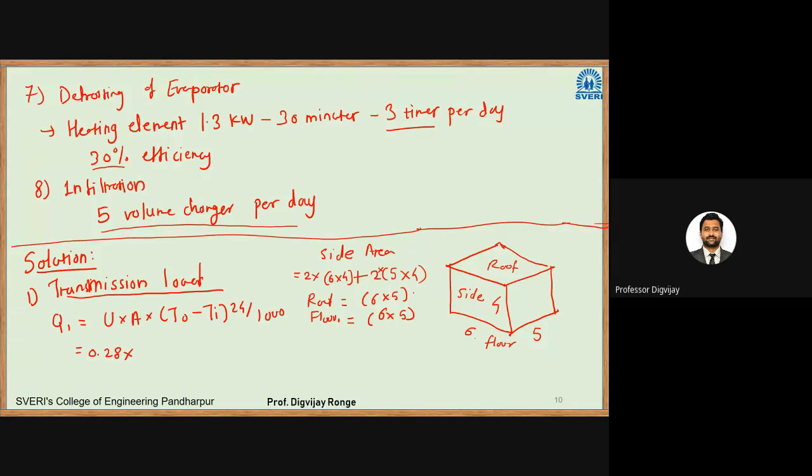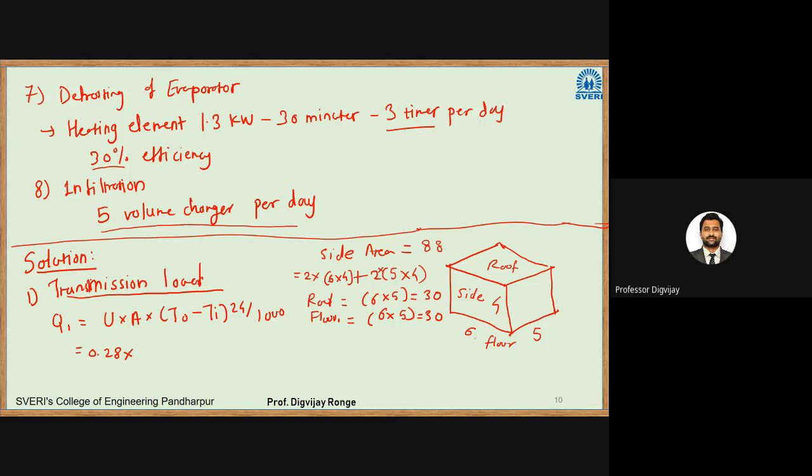So this will be 24 plus 24, 48, plus 40, that will be 88.